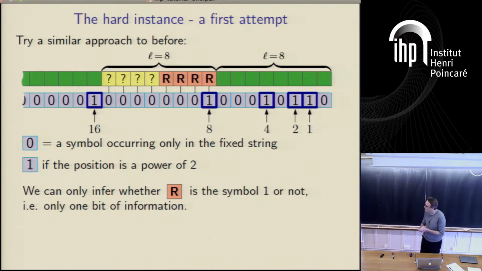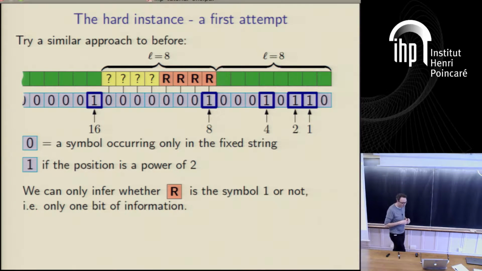But what's the problem? Well, why don't we just try the same hard pattern we had before? Well, remember this pattern we had before. We had ones at power of 2 positions starting from the right. The difficulty we have here is that when we have a 1 aligned with something in the unknown region, all we get to find out is whether the 1 equals that symbol or doesn't equal the symbol.